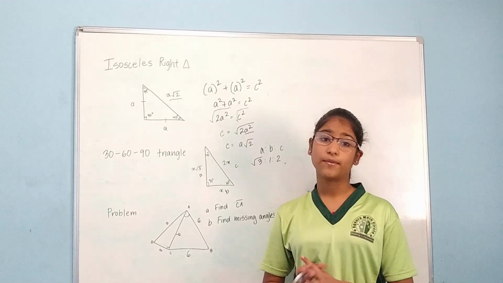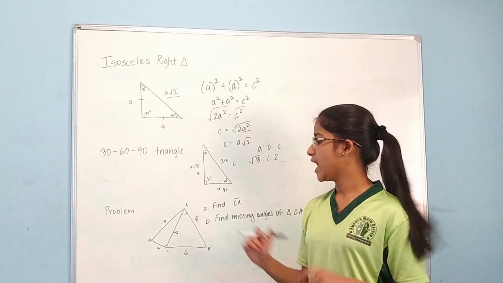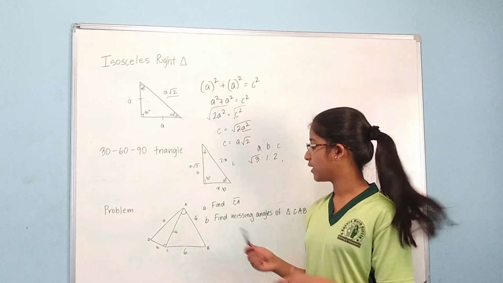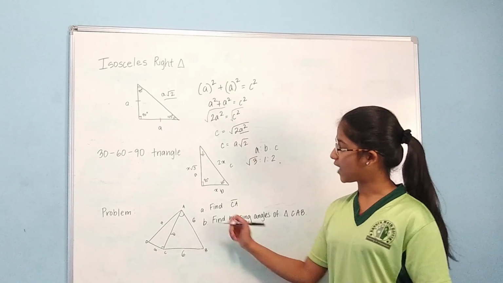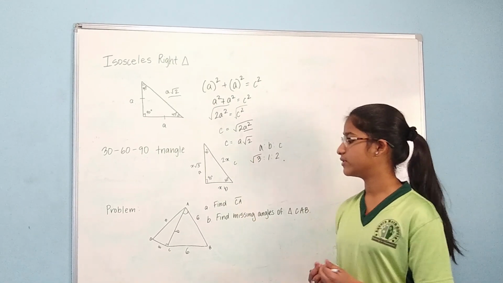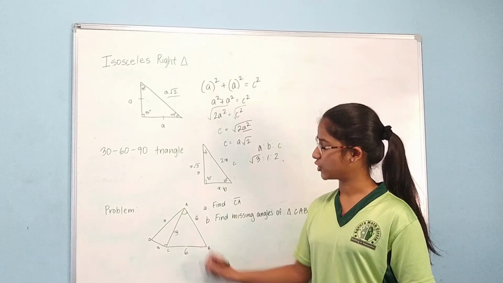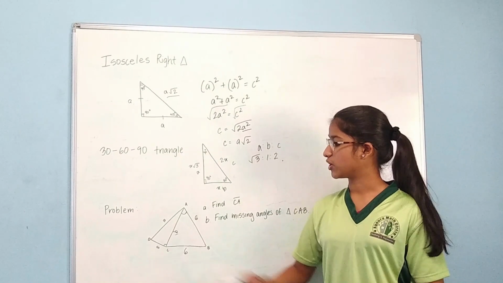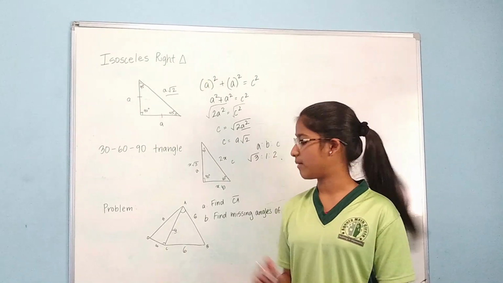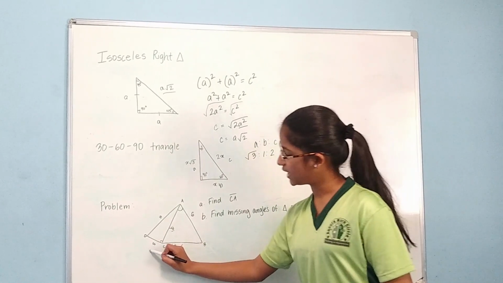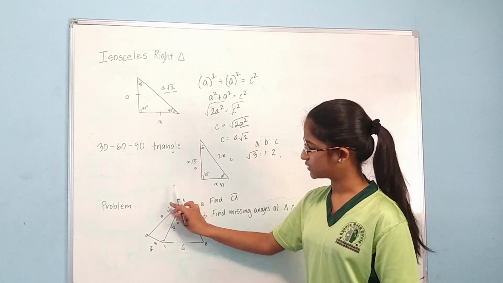Now, based on what we learned about right triangles, let's do a simple practice problem. Here is the model of this shape that we're going to use to find the answer to a and b. Now, a is saying to find the length of CA, which we labeled as the variable b. So we have to find the measure of b. Well, we know that this is a right triangle, so we can use the Pythagorean theorem to find this length, because a squared plus b squared should equal c squared.